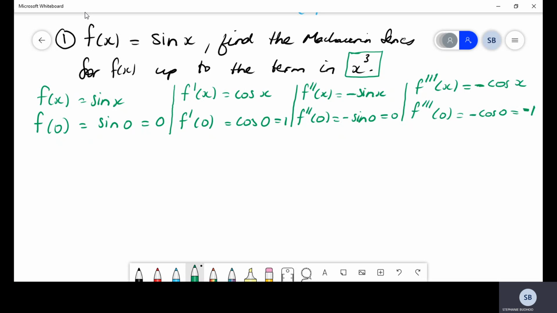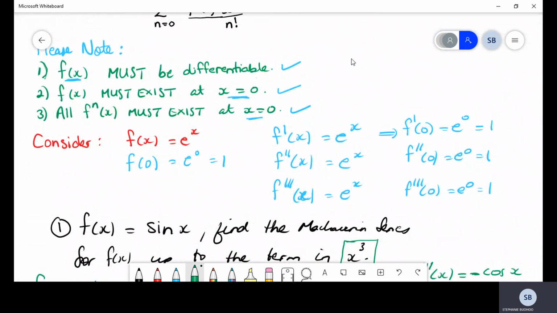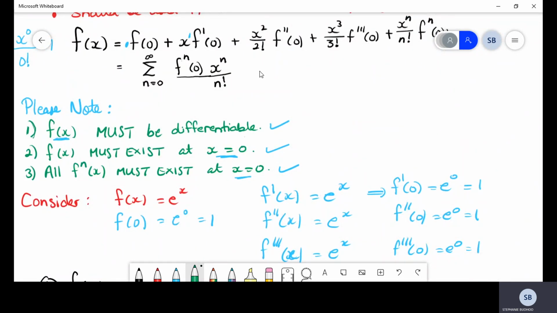Okay, beautiful. So we have found all the terms up to x cubed. How do I know I found up to the x cubed? Because remember, if you go back to your expansion, the x to the nth power is related to the nth derivative as well.